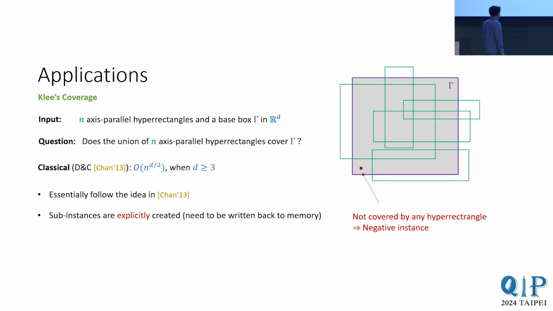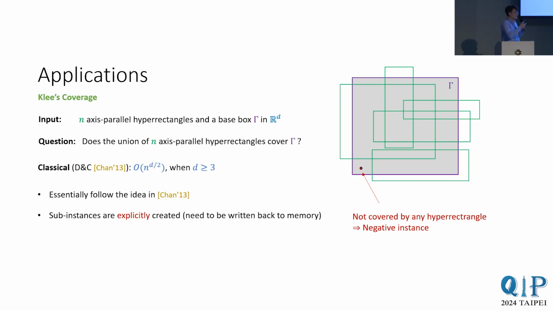By using our meta theorem and our quantum divide and conquer algorithm, we essentially follow the idea of Chan in 2013. But we have to notice that here the subinstance has to be explicitly created, which means it has not much relation to the input.